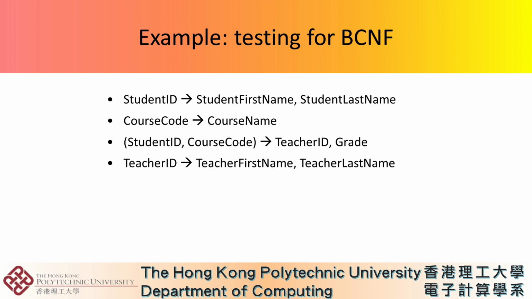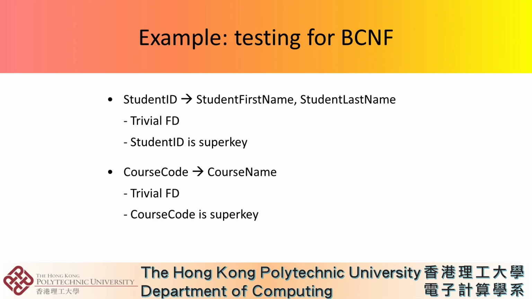Course code functionally determines course name. Student ID and course code functionally determine teacher ID and grade. Teacher ID functionally determines teacher first name and teacher last name. Then we will check whether these functional dependencies fulfill the two conditions one by one.